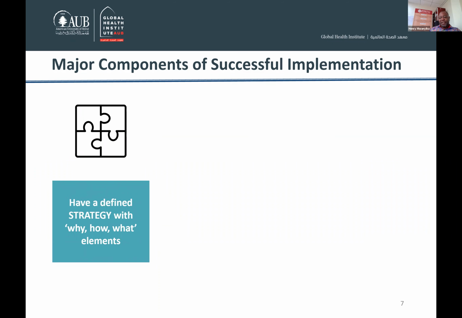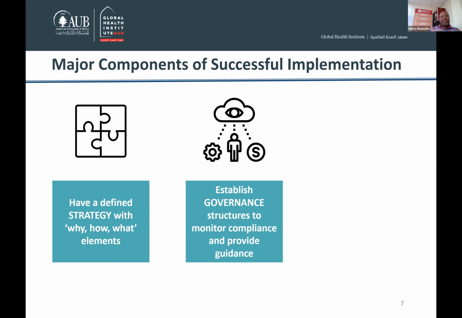But also, most importantly, we need to establish governance structures. In this case, governance structures are not only about monitoring compliance, but they need to be able to provide guidance on how partners, whether implementing development partners, private sector, or government institutions, can really comply.